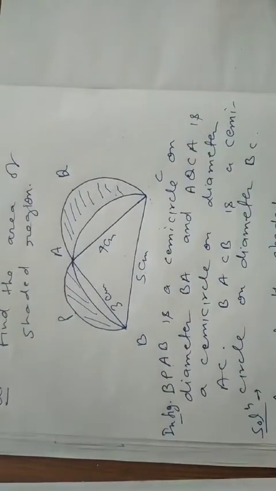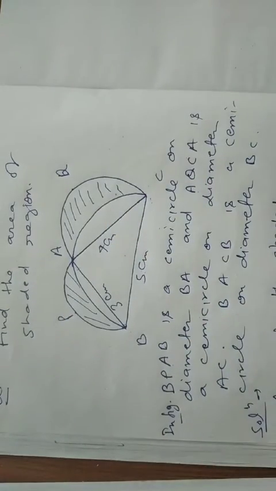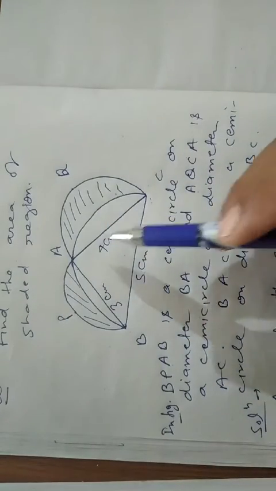So, by seeing this figure, we can write the expression of the required area. Dear students, area of triangle ABC will be half into 3 into 4 centimeter.